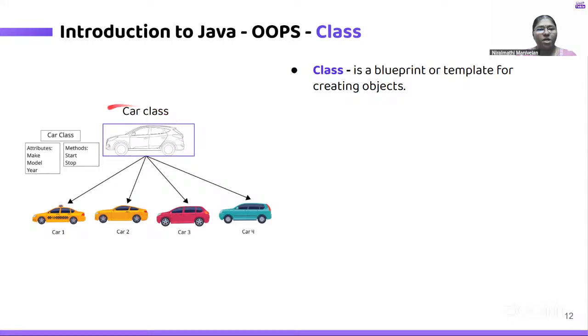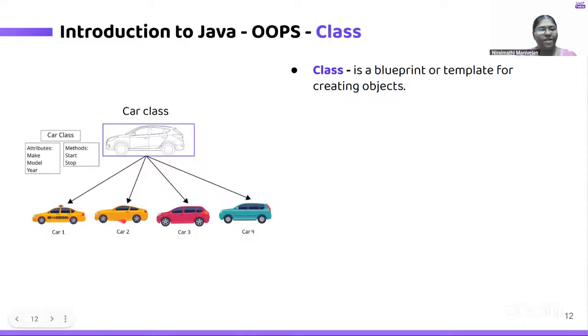In this car class, we have different attributes and methods. The attributes are the make of a car, the model, and the year. And the methods are start and stop. Using this one class, we can create n number of objects.